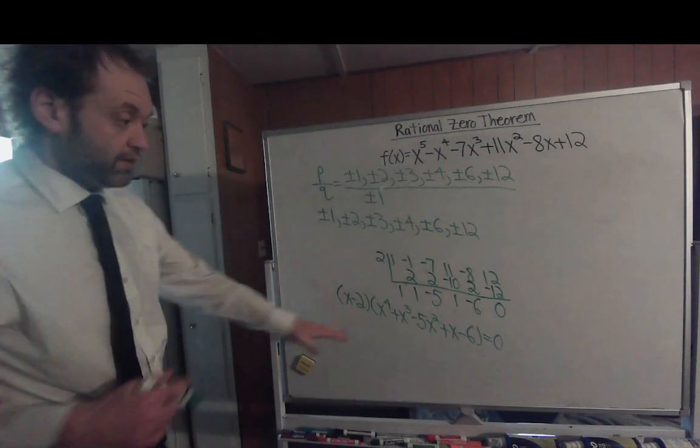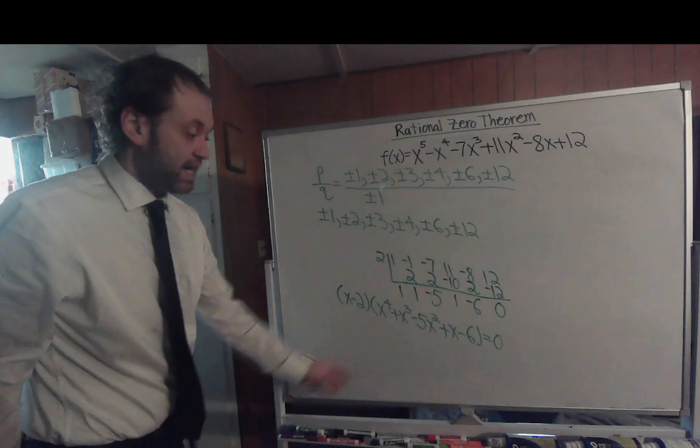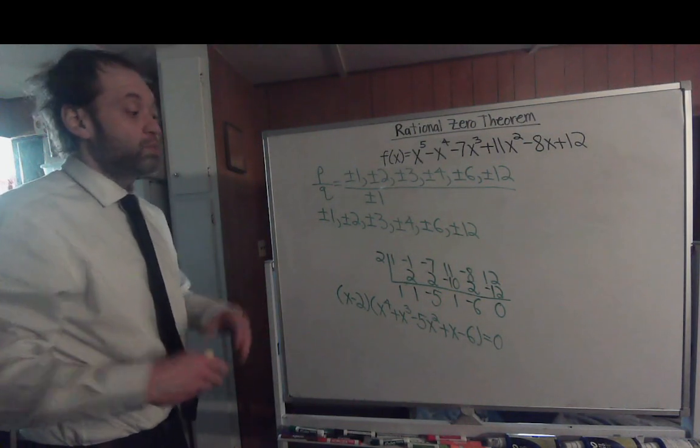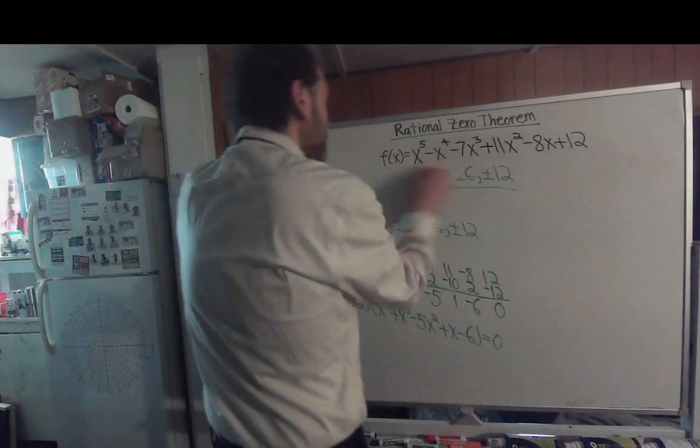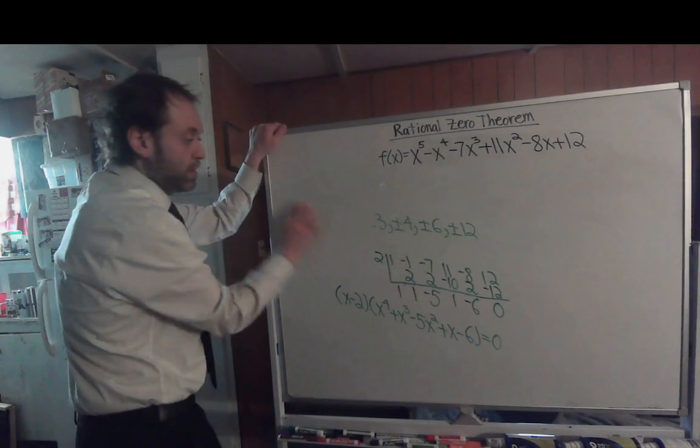So we got a linear factor, but now we've reduced this down to a 4th degree factor. So we got to repeat this again. So let me write down where we're at with this so far.